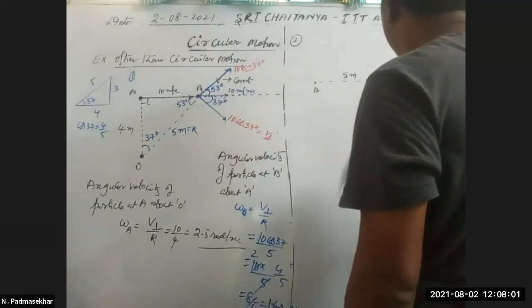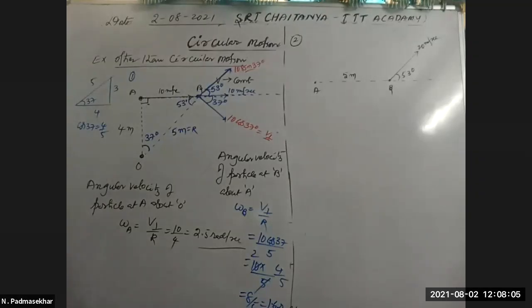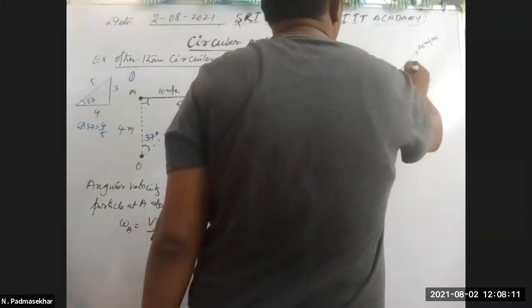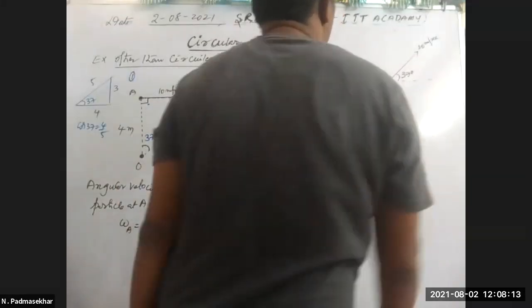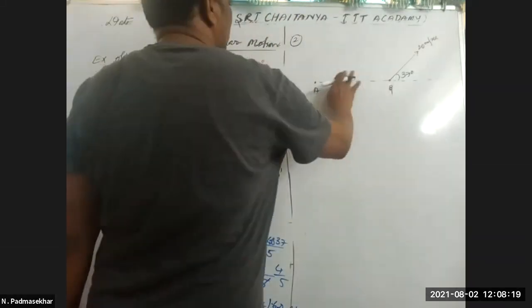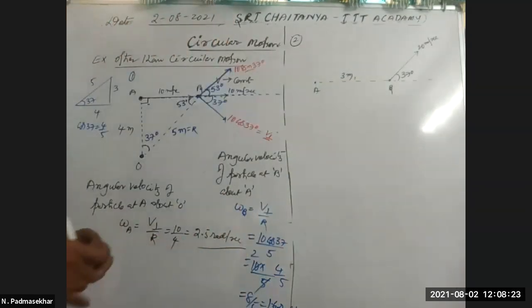The angle is 53 degrees. Suppose this is 37 degrees, and this is 37 degrees. This is 3 meters.